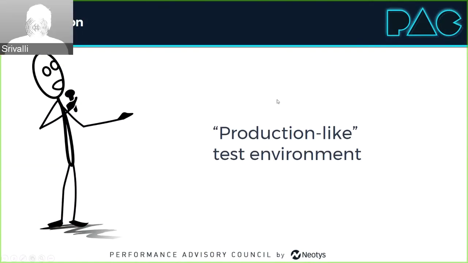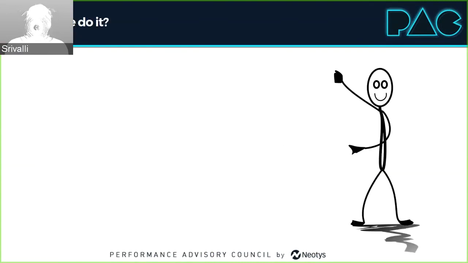Okay, so hopefully by now we all agree why it is important to have a production-like environment for performance testing. I guess the question now is, how do we do it, right? How do we make sure our test environment is production-like? Well, fortunately, it's pretty simple. Two steps.